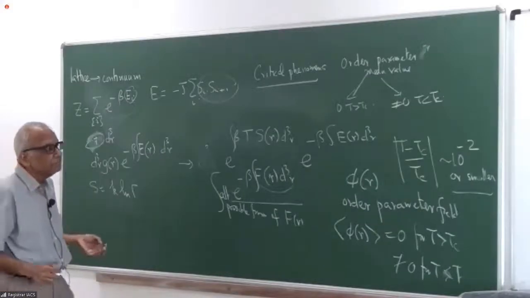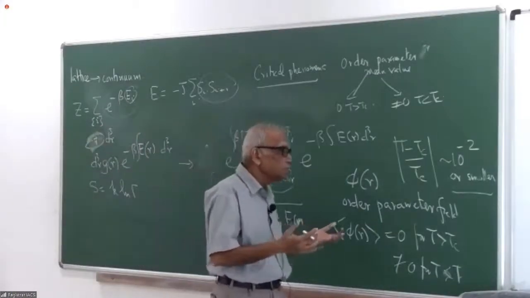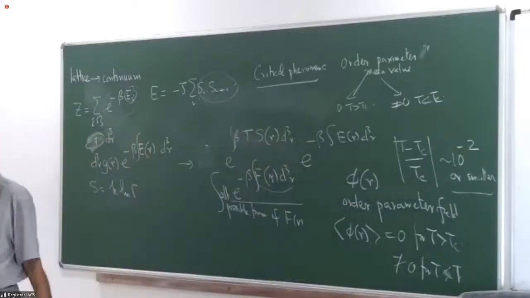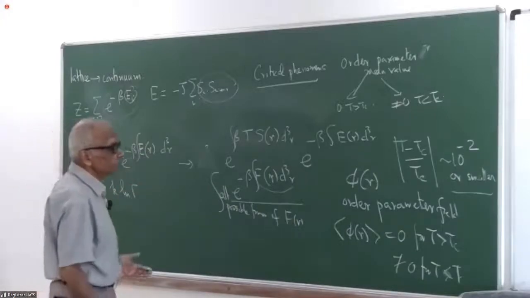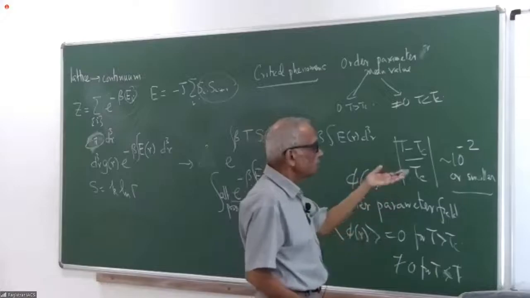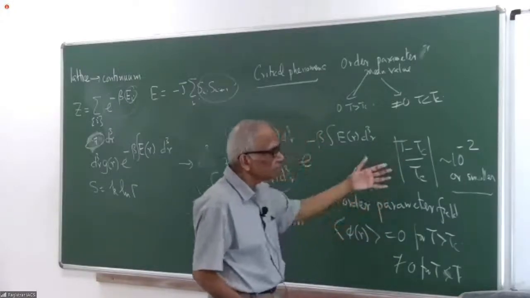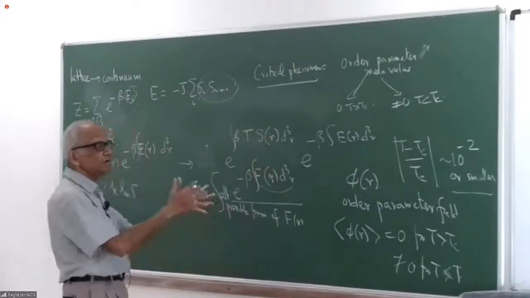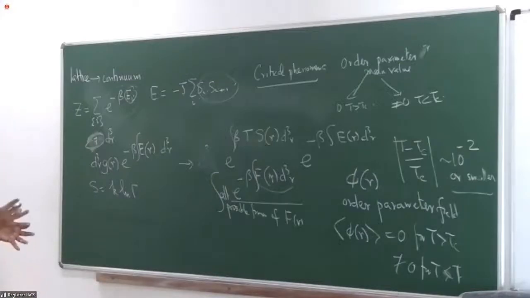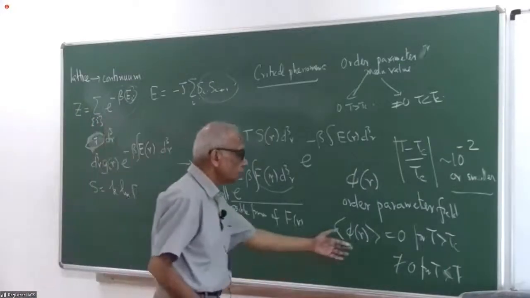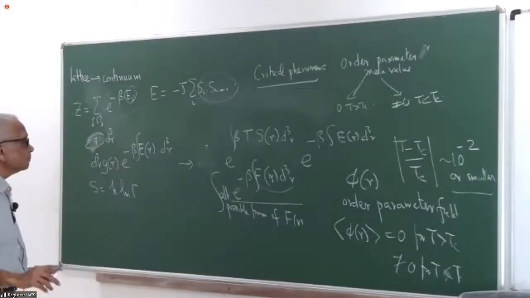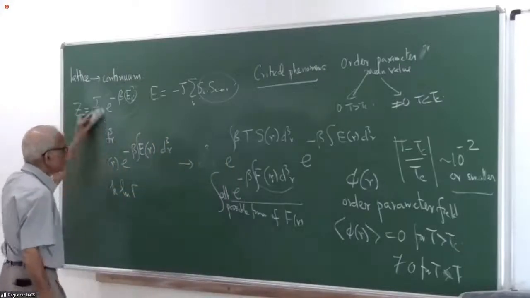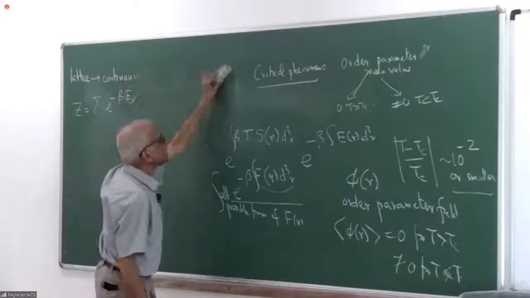If I am looking at a magnet, the magnet has a magnetization at all temperatures, but my interest is only in the magnetization near the transition, where it goes from zero spontaneous magnetization to non-zero, just over the region where this transition from zero expectation value to non-zero is taking place. That allows me to think of an expansion.